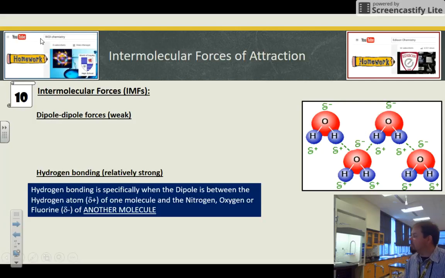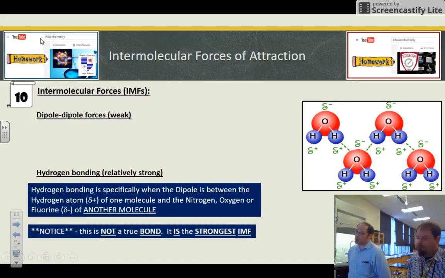And what we need to do is get good at picking it out so we can tell if the particular compound has hydrogen bonding with it. It's not truly an actual bond. It's just the strongest IMF, intermolecular force, that we will be speaking of. You got to know it's not a true bond. And the reason why it's so tricky is we call it hydrogen bonding.